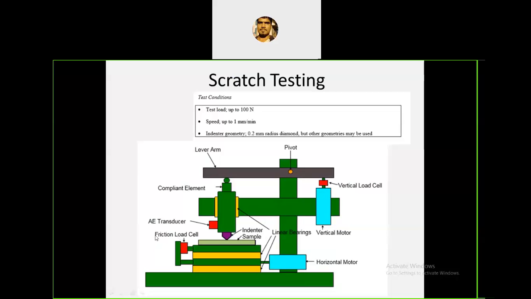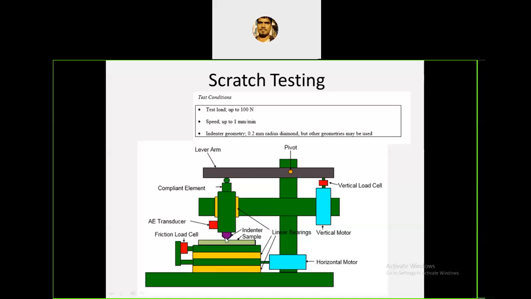And here it's a horizontal load cell, and this is with the specimen and indenter. Here we are going to apply the vertical load. If you increase or apply the load, what happens? This will move upward, and if it moves upward, this side will increase in height and this side will apply the load.